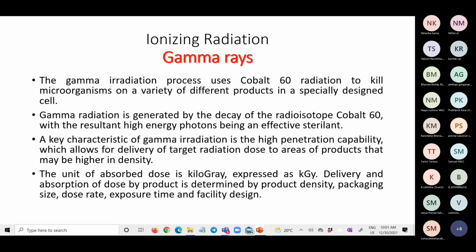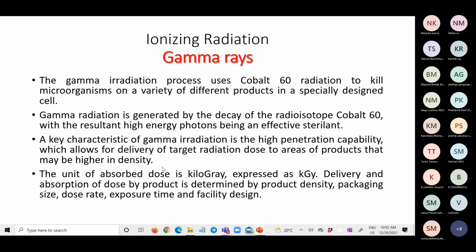So what we have seen in gamma rays till now is that we are using the cobalt-60 radioisotope for this sterilization. This cobalt-60 is decaying, and as a result the high energy photons are used. The key characteristic of gamma radiation is high penetration capability, which allows the delivery of the target radiation dose to the areas of the product that may be high in density.